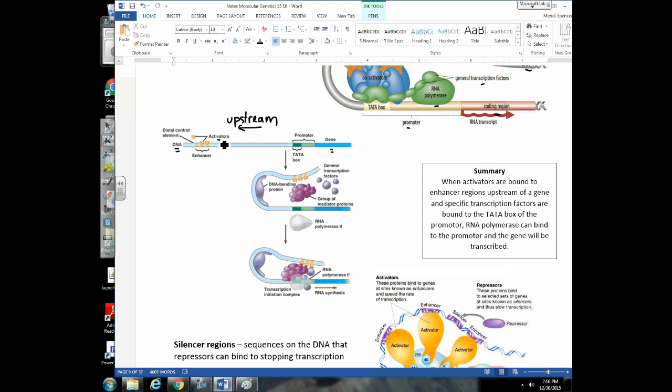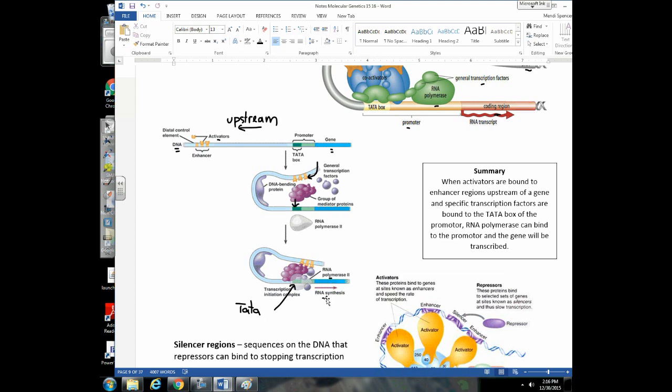They're binding to these other proteins, these transcription factors, and they're going to bind here. Again, that area was called the box of the promoter. And when those transcription factors and activators are in place, then RNA polymerase can bind to the promoter region and transcribe, making mRNA.